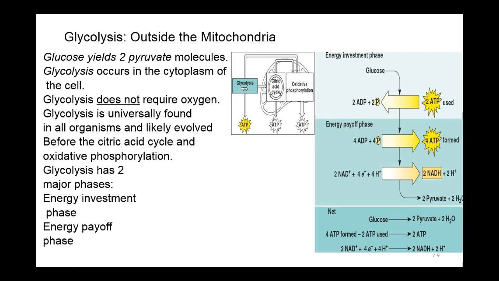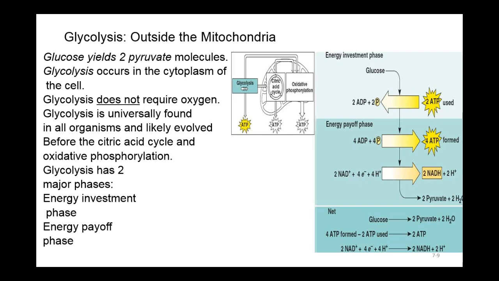Glycolysis, a little bit more about that happening outside the mitochondria. One of the things you want to put in your head is that glycolysis happens outside the mitochondria. One glucose molecule will lead to 2 pyruvates. It does not require oxygen. It's pretty universally found in most organisms.